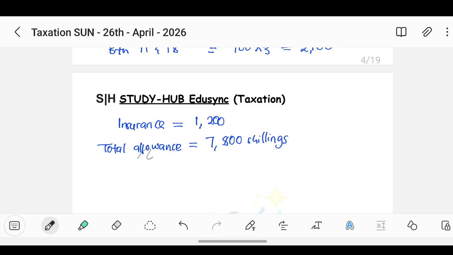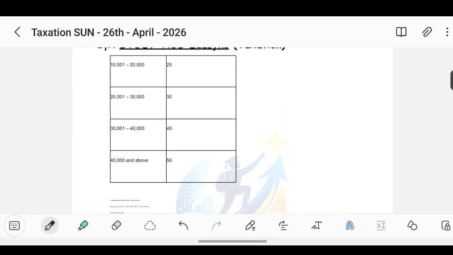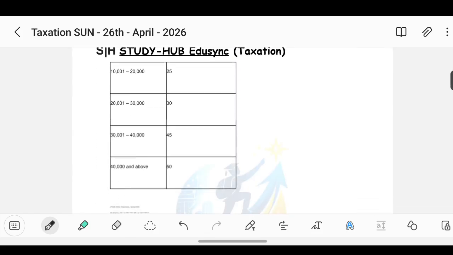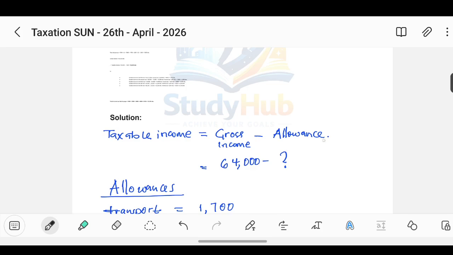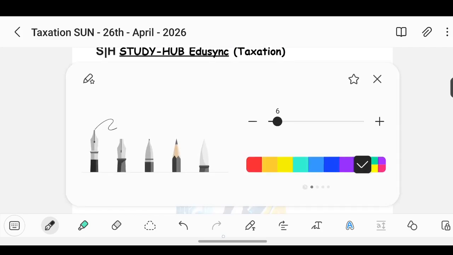So our total allowance is that, but the question was asking for his taxable income. So from our formula, allowance is done. The gross income is already in the question. So this is it.